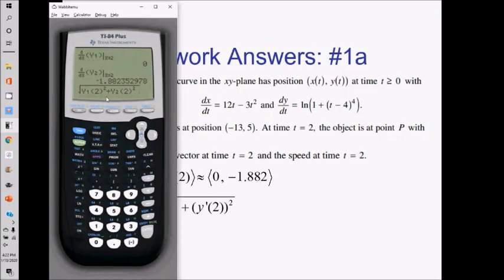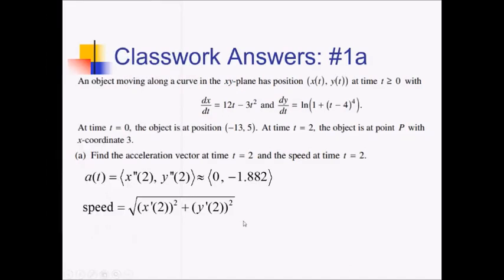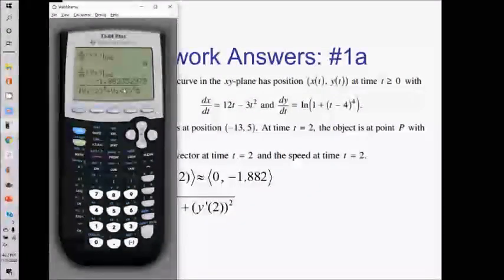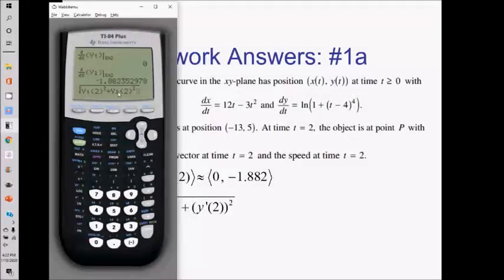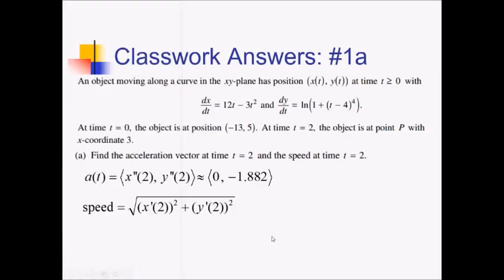So here's what that looks like on my calculator. x prime of 2 squared is basically y1 of 2 squared, because that's where I stored my x prime function. y prime of 2 squared, that's going to be y2 of 2 squared. Again, I stored my y prime as y2. Pressing enter on that, I've got about 12.329 and some change. We'll call it 330 for those last 3 decimals. And there were no units on this, so I'm done.